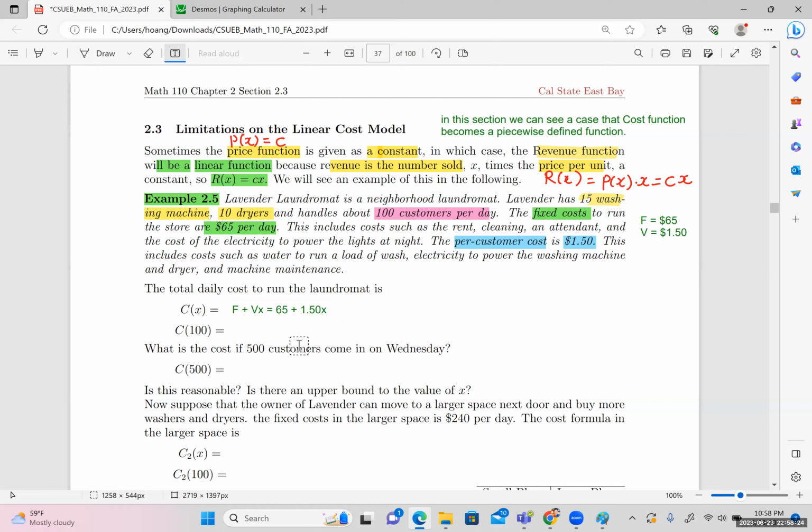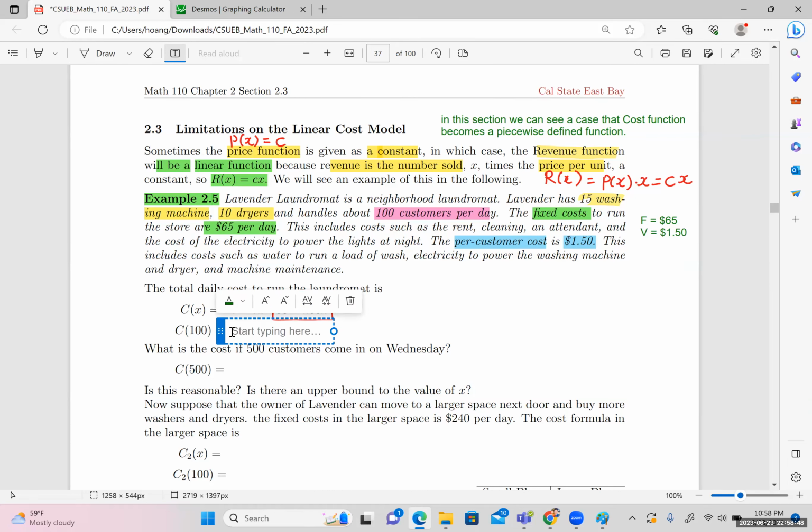Now we have the cost function. So we will come up with C of 100. Keep in mind that we have 100 customers per day.